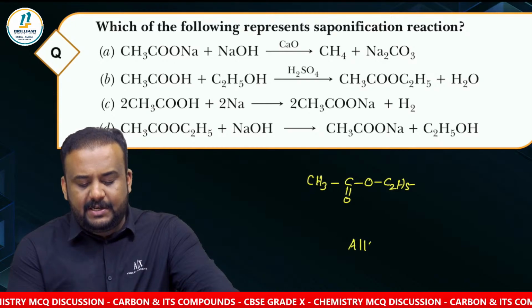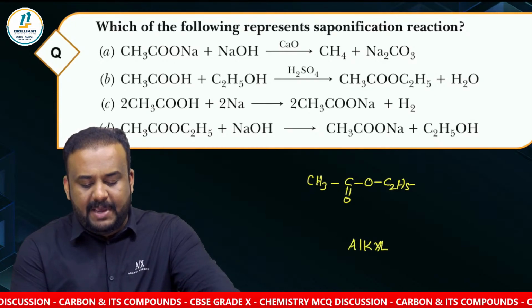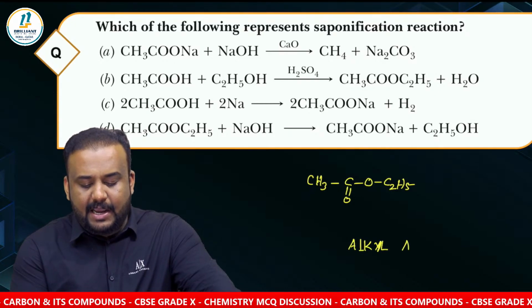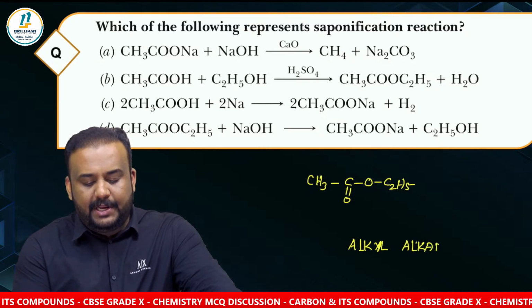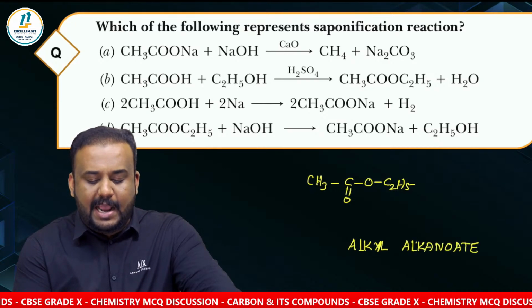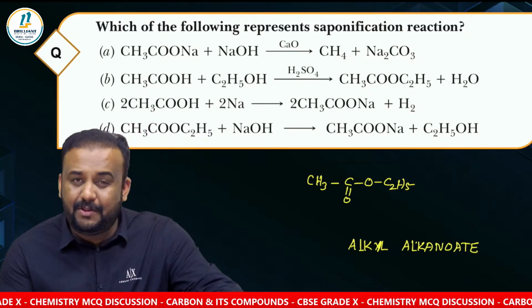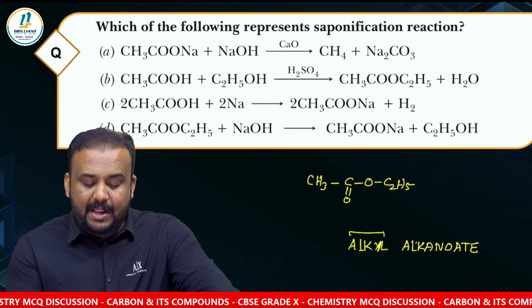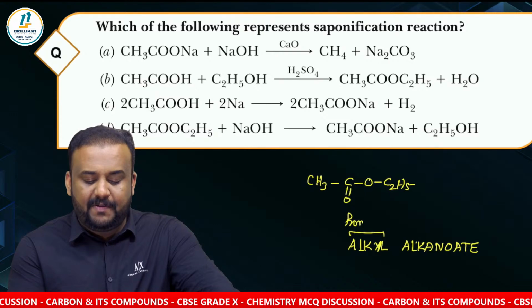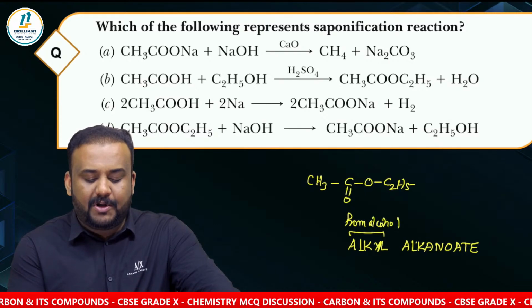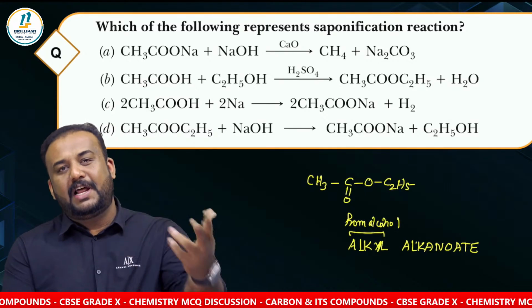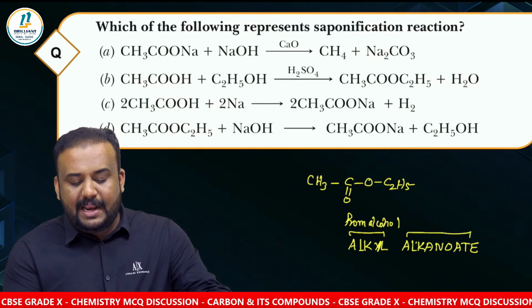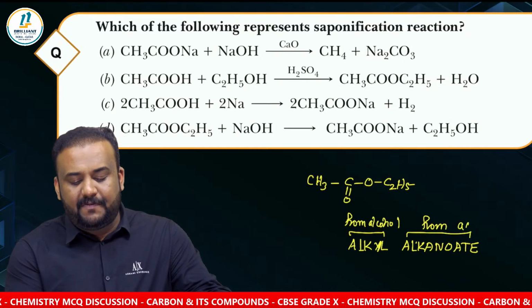Every ester is named by a general method called alkyl alkanoate. I'll tell you the easiest way to do this. Alkyl, this part is coming from the alcohol, because every ester is made by the reaction between alcohol and carboxylic acid. And then alkanoate, this part is coming from the acid.